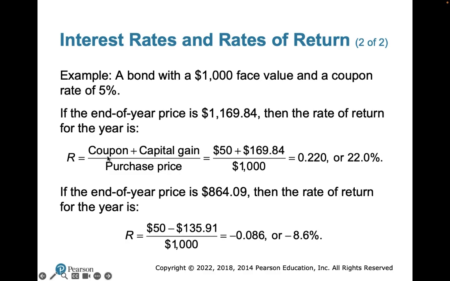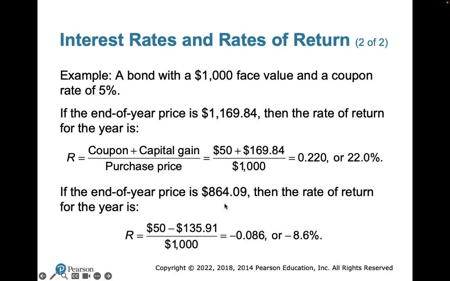Take a bond with a 1,000 face value and a coupon rate of 5%. You add the coupon plus the capital gain, and if the end price is 1,169, then the rate of return for the year is this.